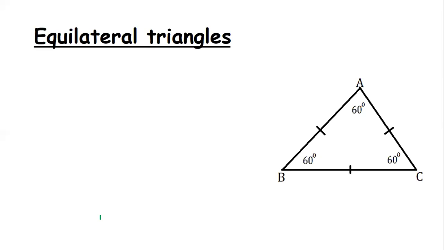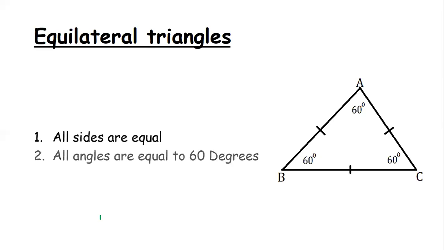What are the special properties of an equilateral triangle? In equilateral triangles, all sides are equal and all angles are equal, which means they are all equal to 60 degrees.